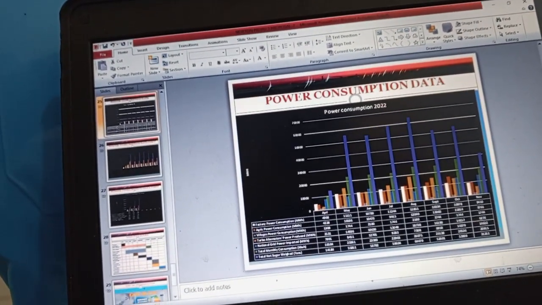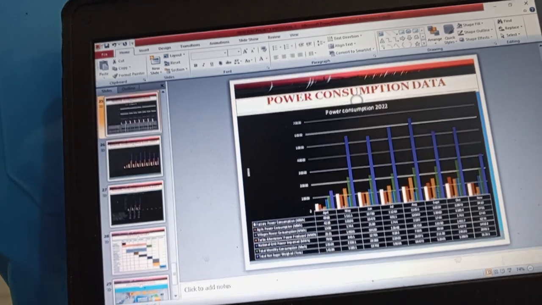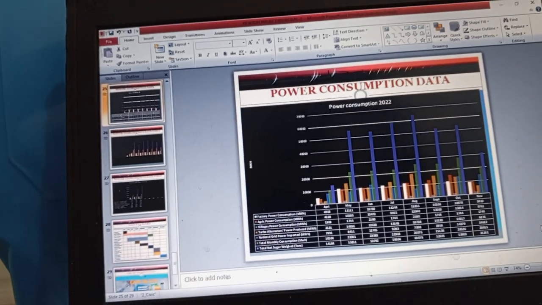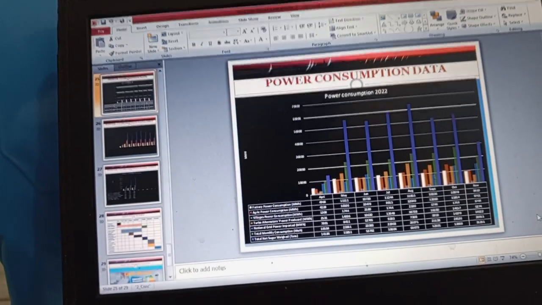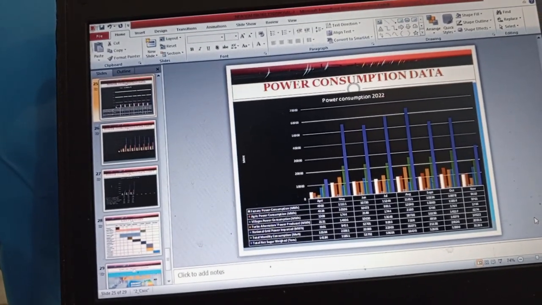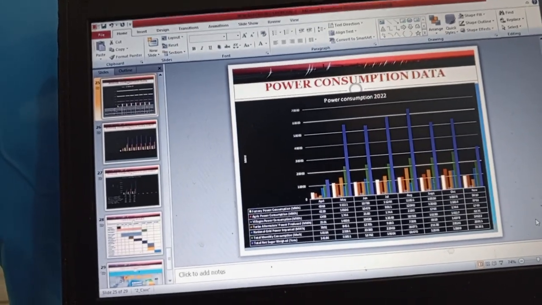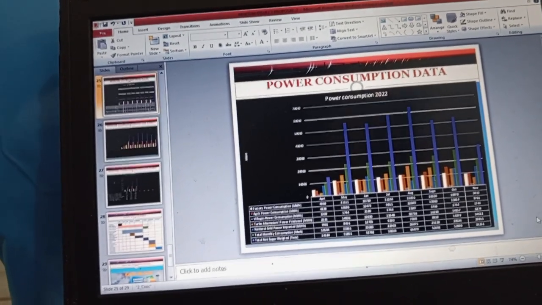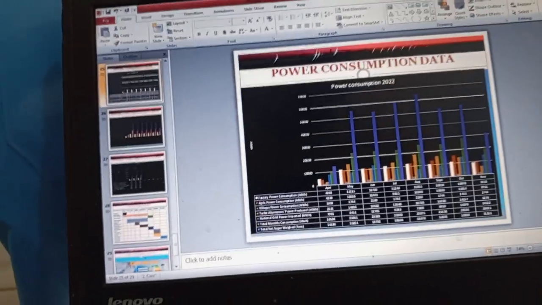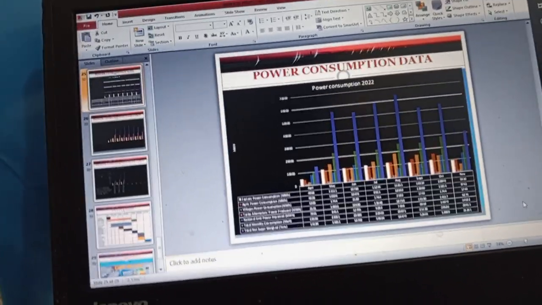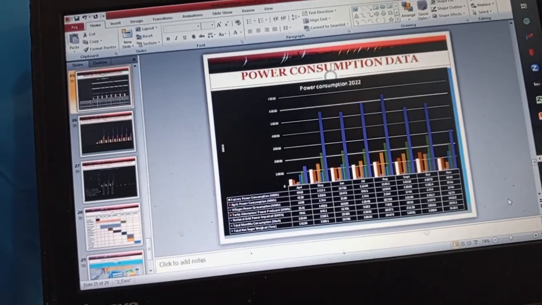So this is power consumption data on a monthly basis. Yeah, so the main objective is to monitor first how we have been consuming power in the previous years, starting from 2022, 2023, and I'm also collecting data in the current year, which is 2024.